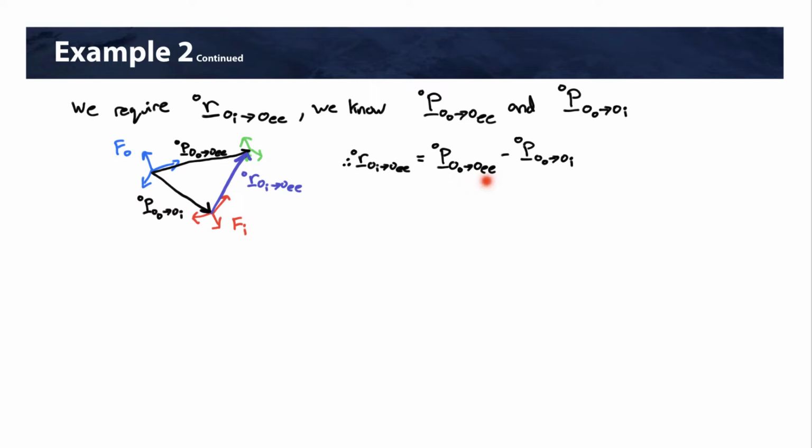We're just going to take the overall position of the end effector with respect to the base frame minus the position of frame I with respect to the base frame.